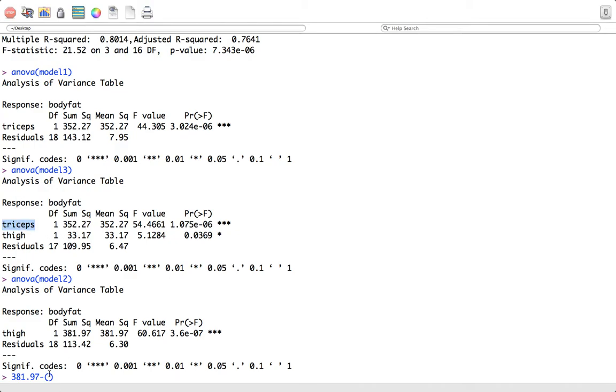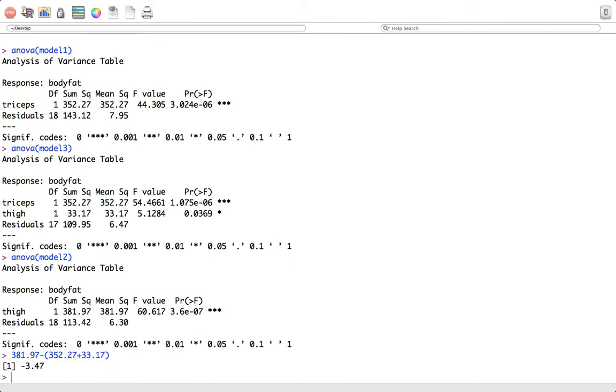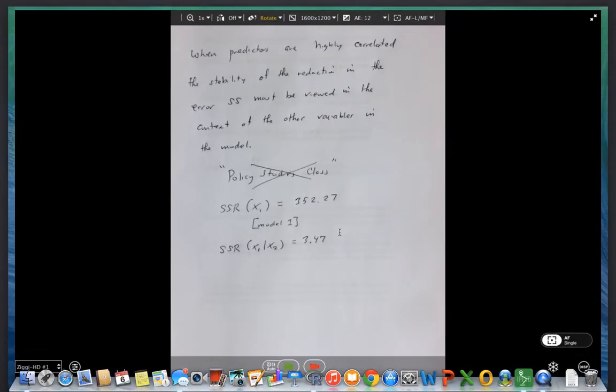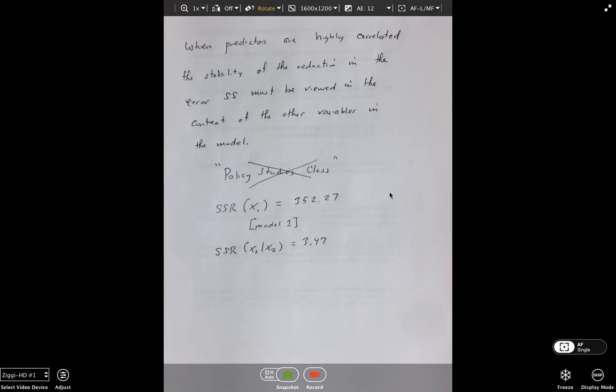So I need 352.27 plus 33.17. So, well, I got those backwards, but it would be 3.47. Obviously, the sum of squares regression is going to be bigger when we have both of the variables in the model. So, since x1 and x2 essentially contain the same information, adding x1 when x2 is in the model adds little to the variation that our model explains.